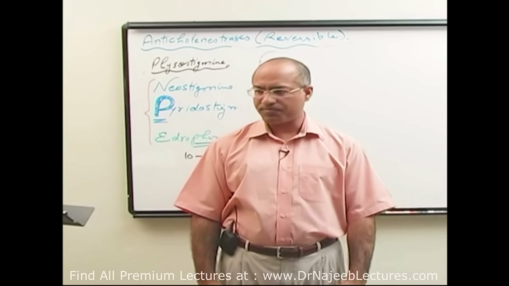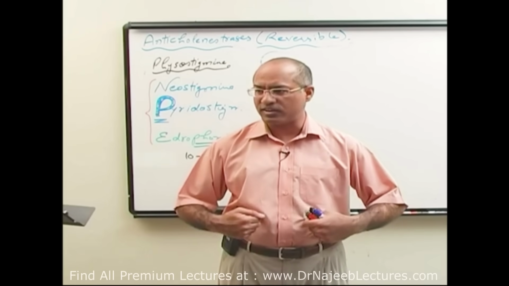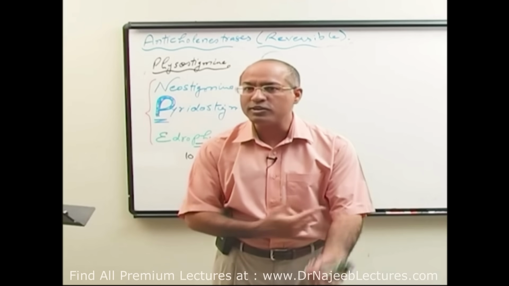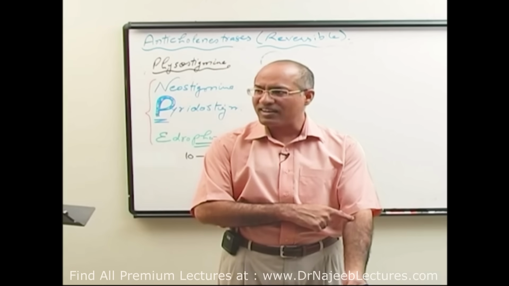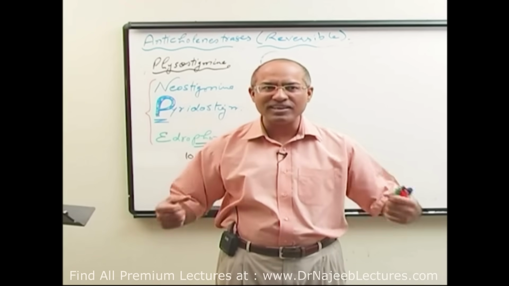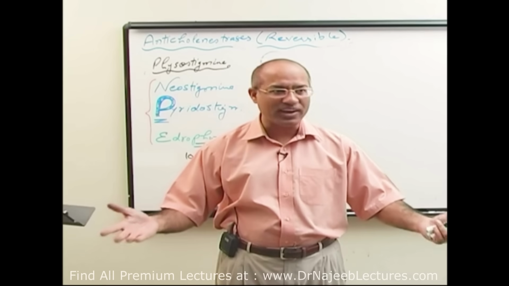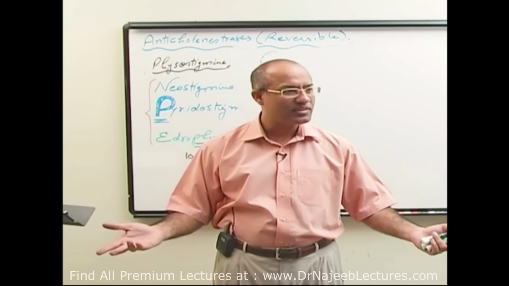One of the ways to diagnose myasthenia gravis is to give me a trial of an anticholinesterase drug. If you give me an anticholinesterase drug and after the drug my power increases, it is a good pointer that I have myasthenia gravis.